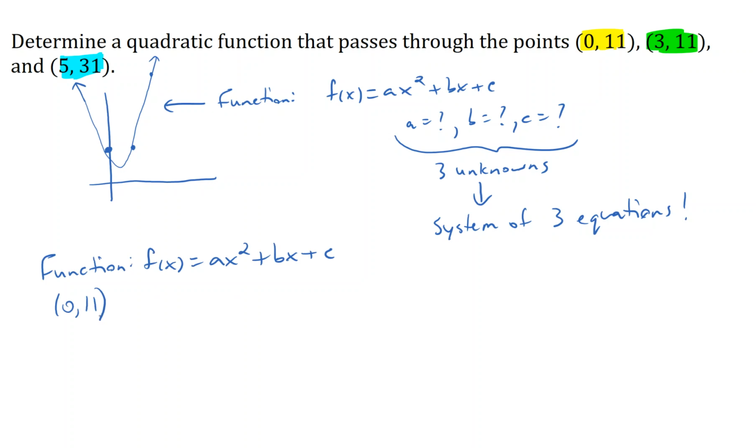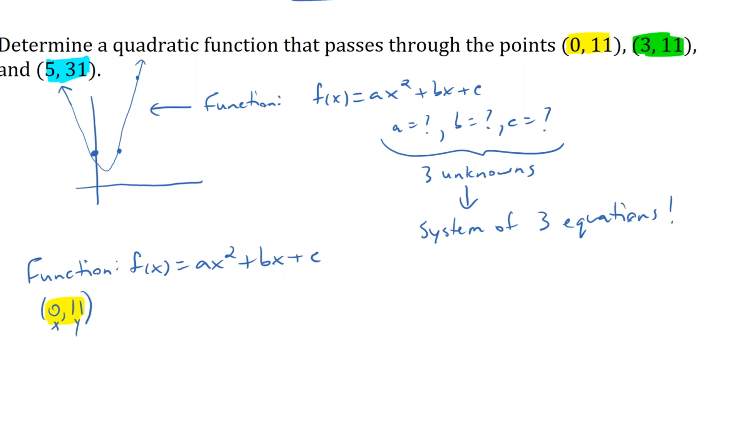Okay, so the ordered pair 0, 11 means that when x is 0, y is 11. So in this particular equation, this f of x is y. So what I'm going to do is replace x's and y's with 0 and 11. So I get this equation from this ordered pair.